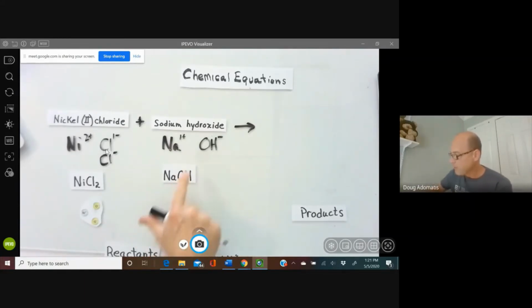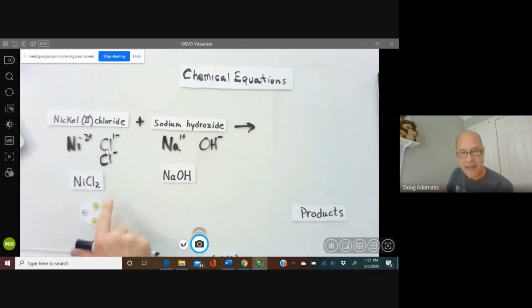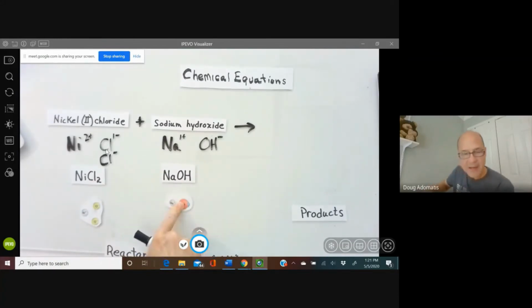So we write the formula for sodium hydroxide as NaOH. Now pictorially, that's what that would look like. Here's the hydroxide ion. It's actually like a little covalent ion because we have a nonmetal hydrogen and a nonmetal oxygen bound together, and then we have the sodium particle over here.